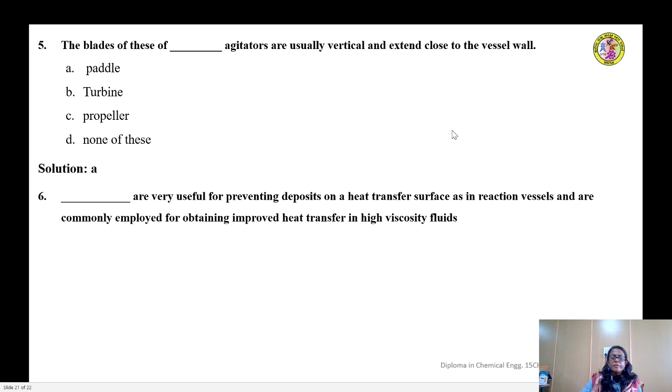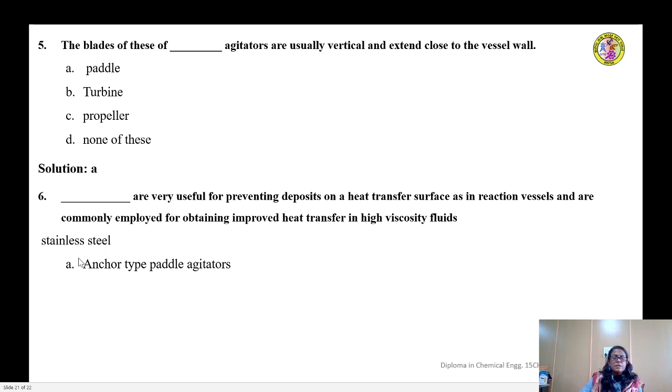Dash are very useful in preventing deposits on a heat transfer surface as in reaction vessels and are commonly employed for obtaining improved heat transfer in high viscosity liquids.